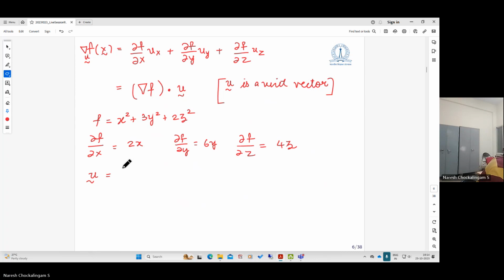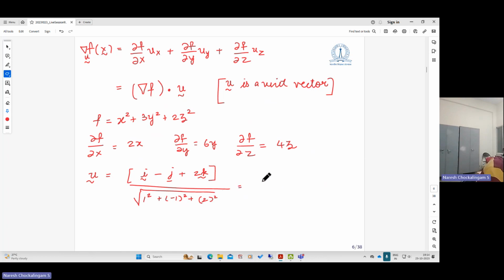But we want the unit vector, so divide it by the norm. So the norm of this is 1 square plus minus 1 the whole square plus 2 the whole square, so the denominator is root 6. Therefore, the vector u in component form is 1 by square root of 6, minus 1 by square root of 6, 2 by square root of 6.